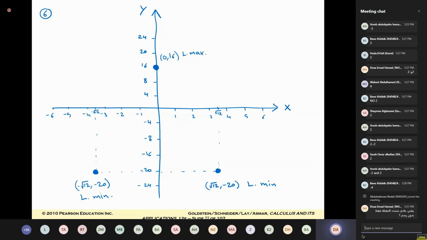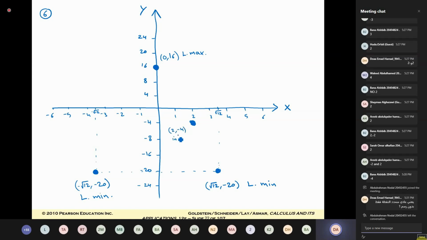Now we also have an inflection point at 2 and negative 4. This is the first inflection point, 2 and negative 4, and negative 2, negative 4 is the second inflection.